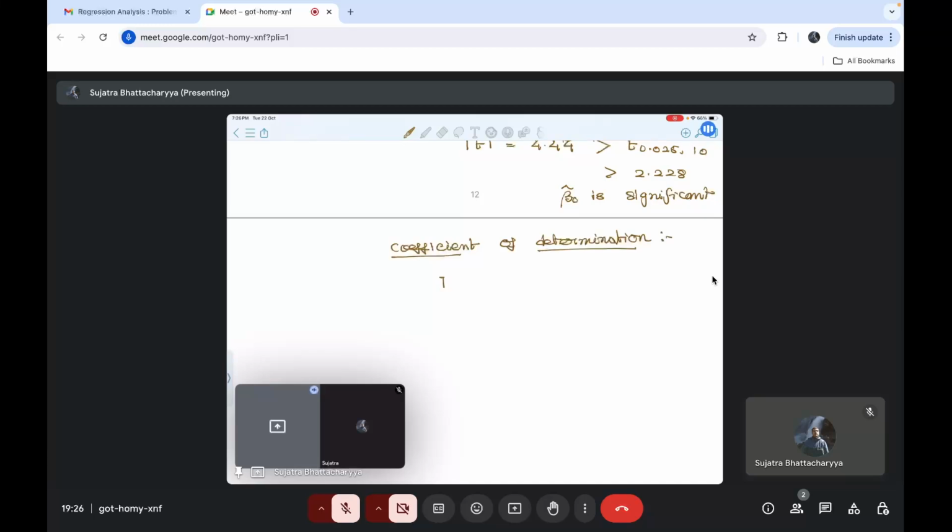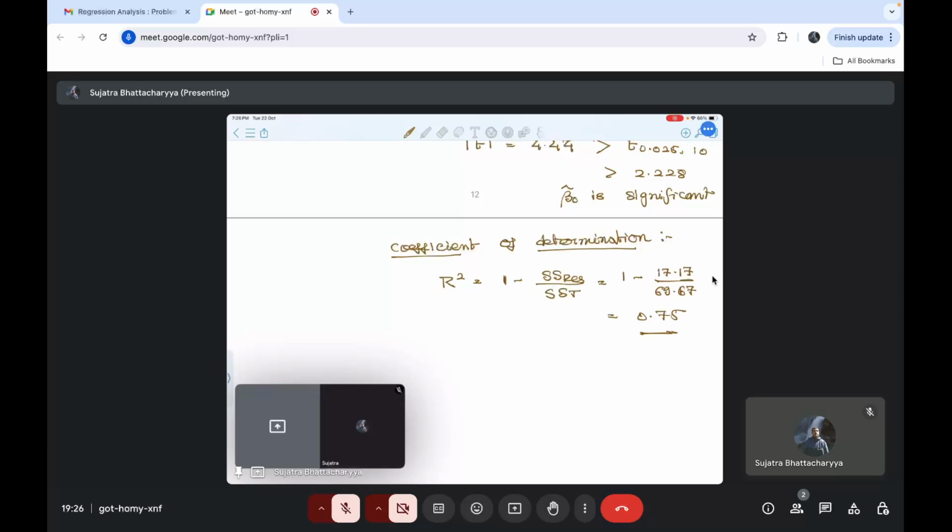This is nothing but r square, which is 1 minus SS residual divided by SS total. We have all the values, just put it and get the result, 0.75. So you can see that it's a very good model because 75% of the variance of y is being explained.